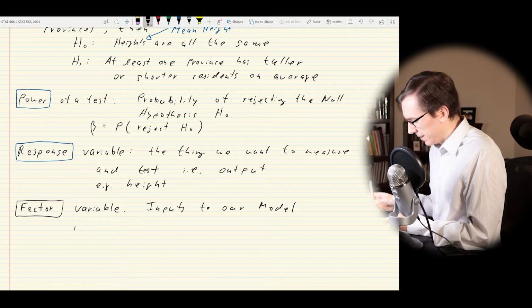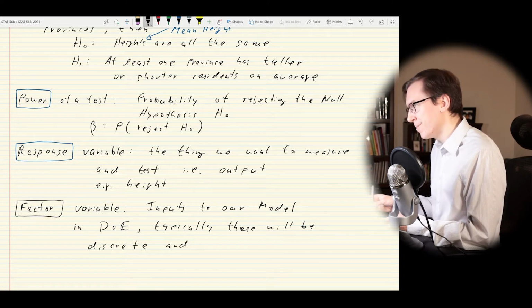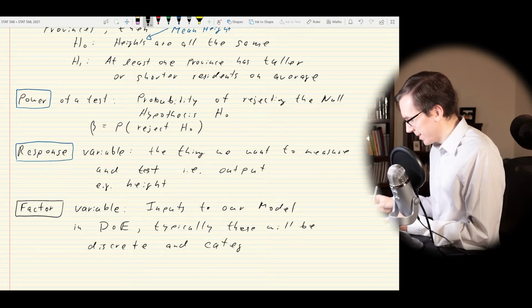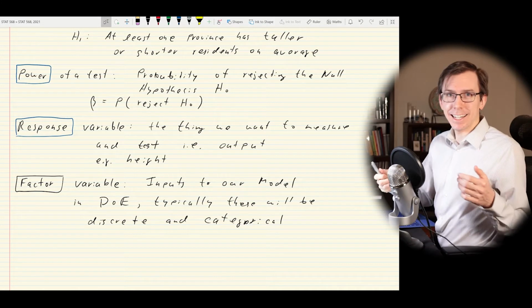And in this course, in design of experiments, typically these will be discrete and categorical. That is, we have something like the Canadian provinces.